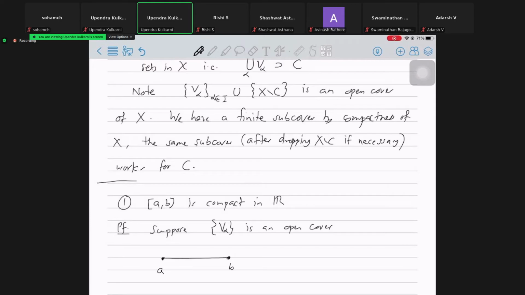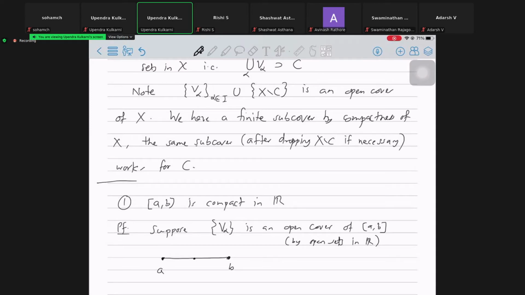So what does it mean that this V alpha is an open cover, by open sets, let us say in R? What it means is that every one of the points in the interval is covered by one of the V alpha. So if I take a point here, then some V alpha contains it. And remember, V alpha is an open set, so it is a union of open intervals.